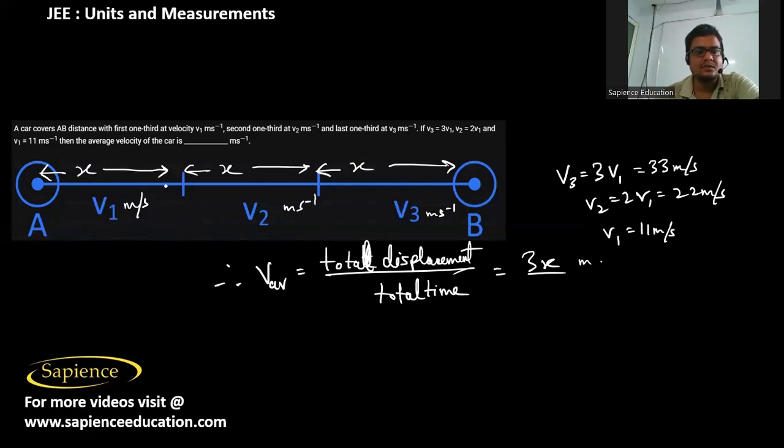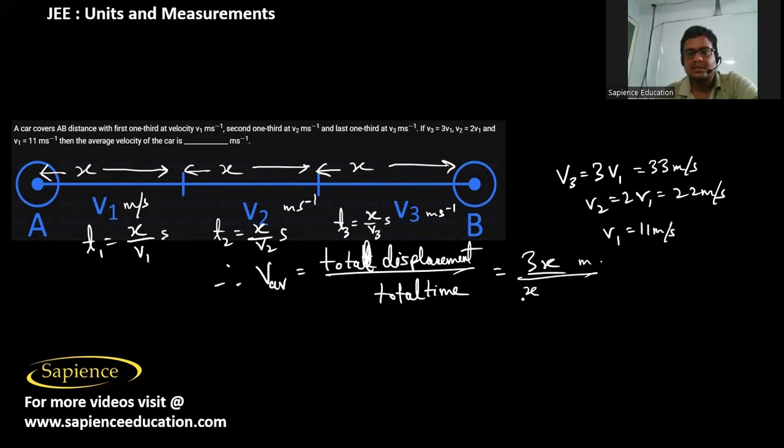To cover the first 1/3 distance, the time taken, let's say t1, will be x by v1. Similarly, the time taken by the second 1/3 distance, that is t2, will be x by v2 seconds, and t3, the time taken to cover the last 1/3 distance, is x by v3 seconds.